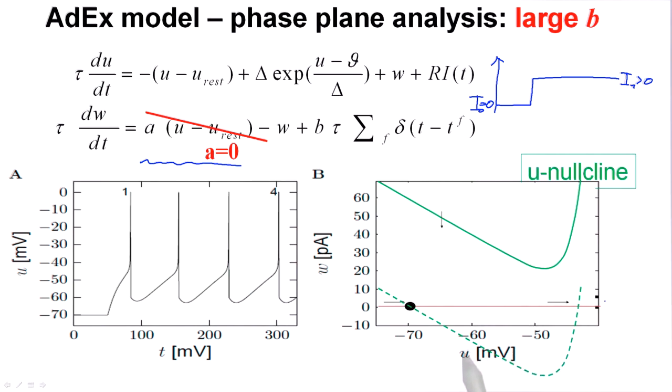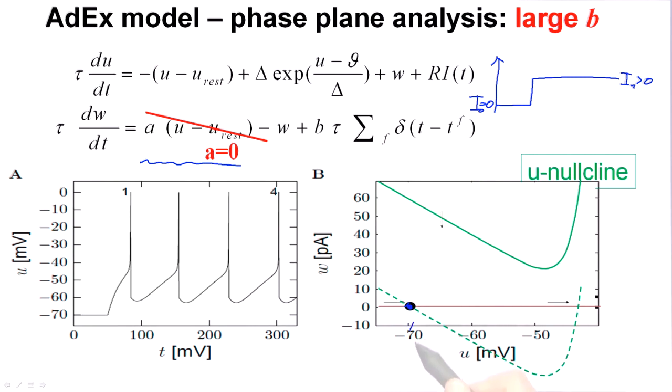Now, the U null line for I equals 0 is just this curve here with a linear and exponential part. That's the shape that we know from the exponential integrated fire model. Before the current is switched on, there's only one stable fixed point here.